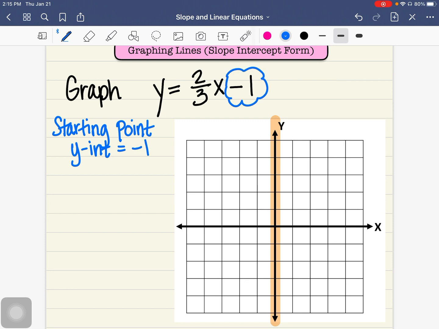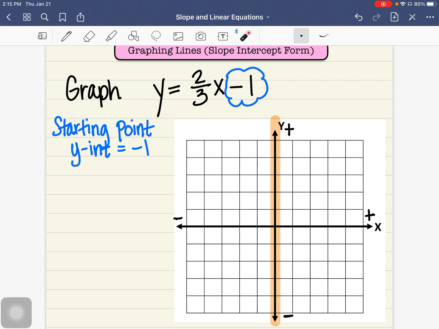So I'm going to go to the y-axis, and just as a little reminder, if we go up on the y-axis, it's positive. If we go down, it's negative. On the x-axis, going to the right is positive, and going to the left is negative. So my starting point then is -1, so I need to go where it's negative.